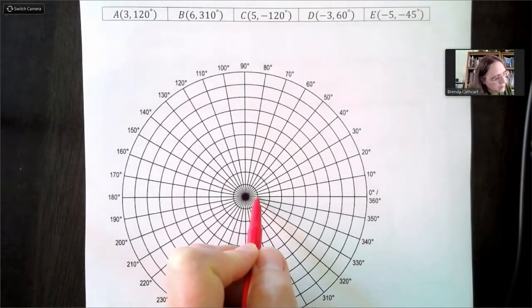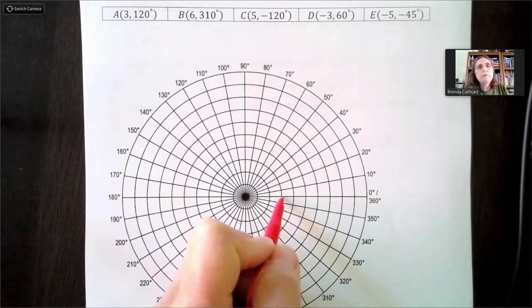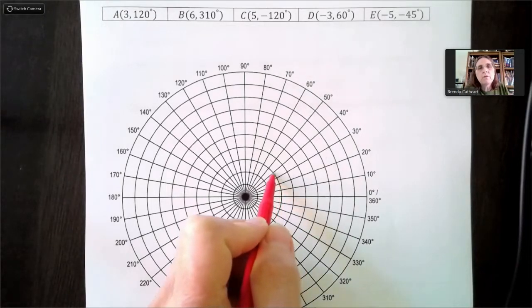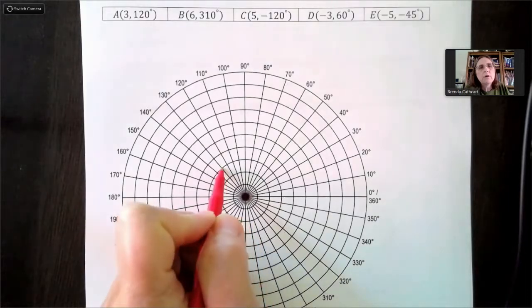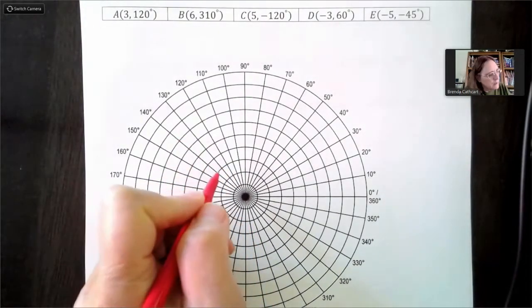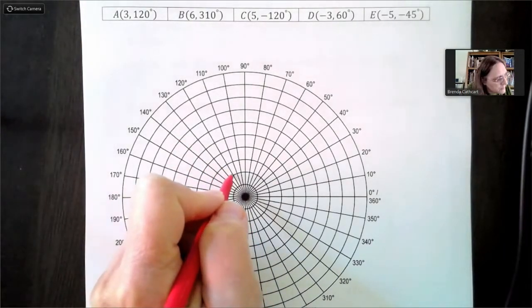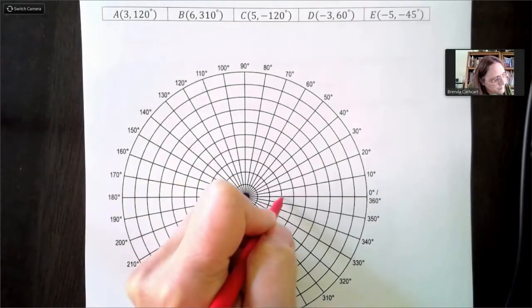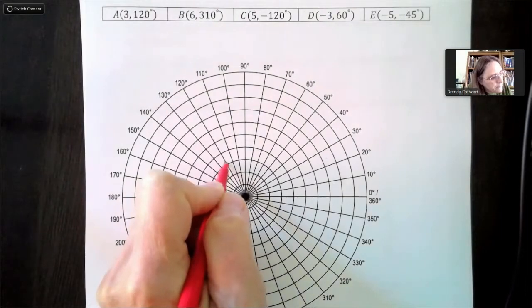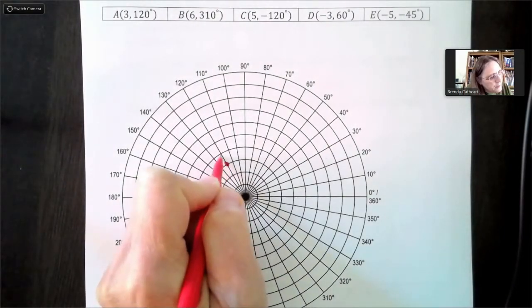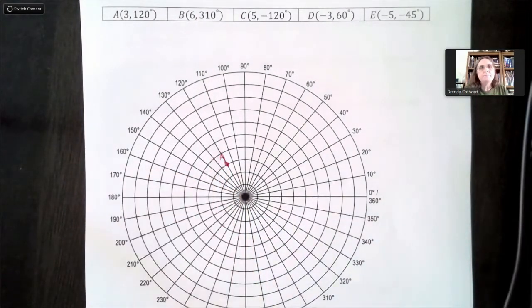We're going to measure our angle from here, and we're going to go up to 120 degrees. So we're going to follow that radius of 3 all the way around to 120 degrees. And that is our point. There we go. So that's point A.